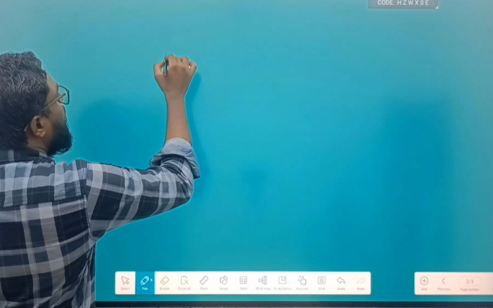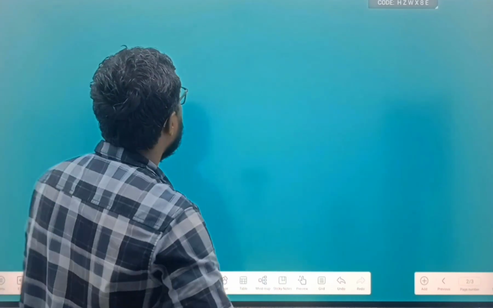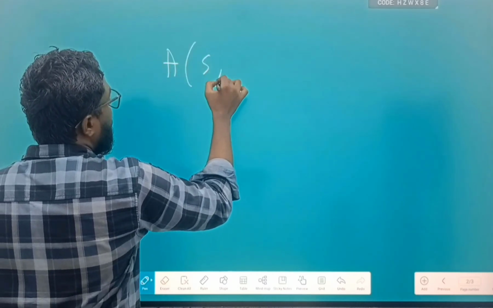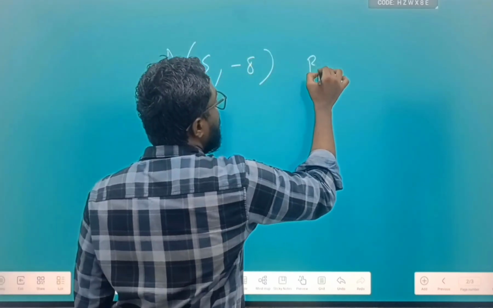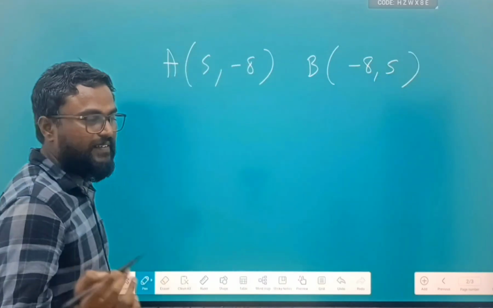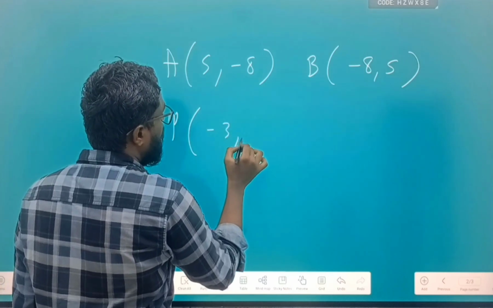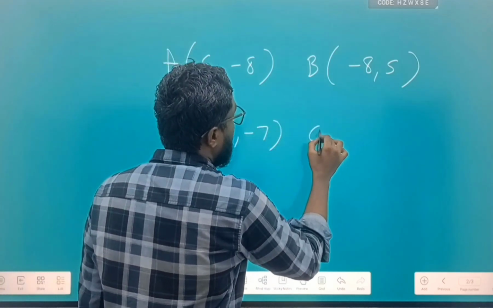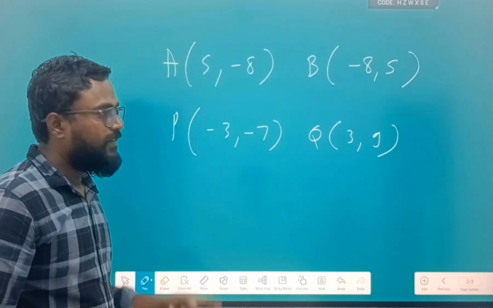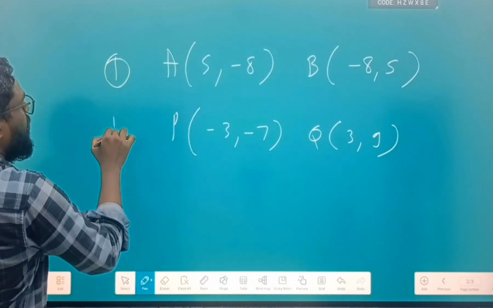Find the midpoint of the line joining the coordinates A 5, comma negative 8, and B negative 8, comma 5. Next, point P, which is negative 3, comma negative 7, and Q 3, comma 9. These are the two points that you need to find the midpoint for. This is question number 1, question number 2.